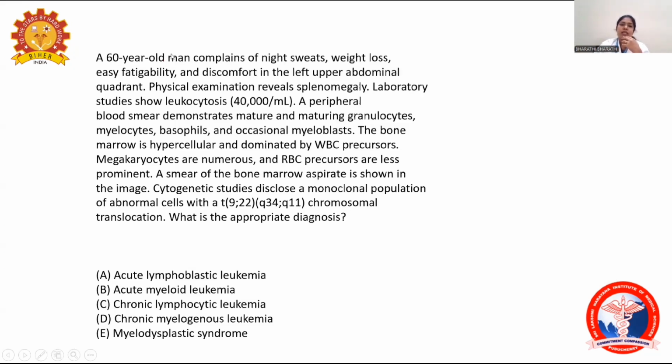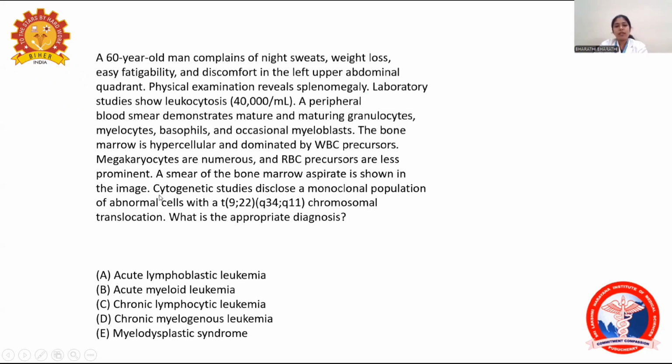Next question. A 60-year-old man complains of night sweats, weight loss, easy fatigability, and discomfort in the left upper abdominal wall. Physical examination reveals splenomegaly. Laboratory study shows leukocytosis. A peripheral blood smear demonstrates mature and maturing granulocytes, myelocytes, basophils, and occasional myeloblasts. The bone marrow is hypercellular and dominated by WBC precursors. Megakaryocytes are numerous and RBC precursors are less prominent.